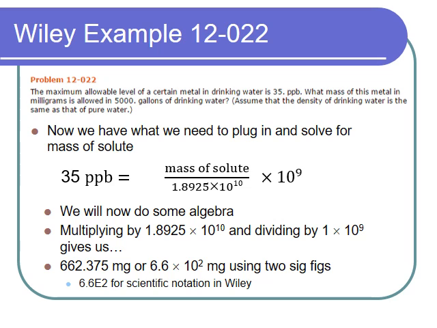Now we've carried extra digits through, but based on our given information, we will express our final answer using two significant figures. We can say 6.6 times 10 to the 2 milligrams. If we want to put that into Wiley, we can say 6.6 E2, or if you just want to put in 660. That is the answer to our problem.